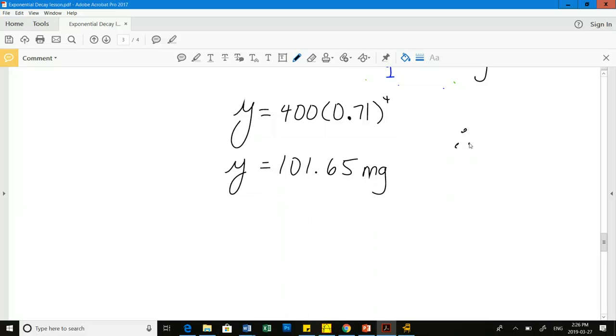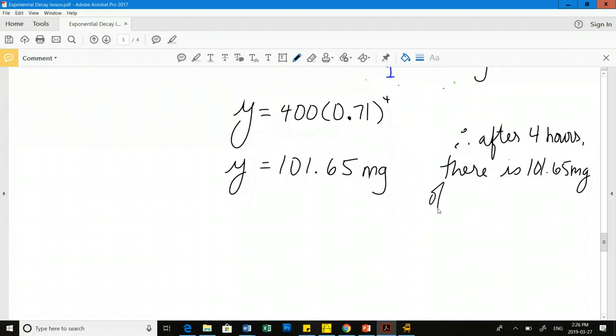Okay, so therefore, after 4 hours, there is 101.65 milligrams of Advil remaining in the adult system.